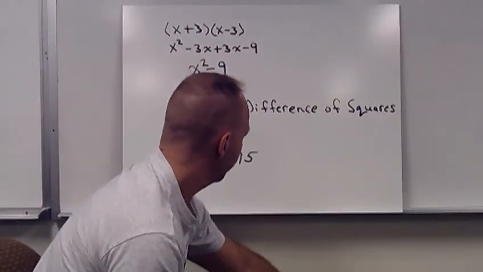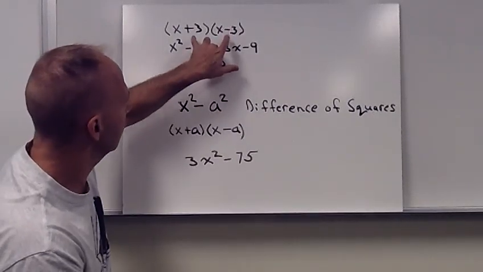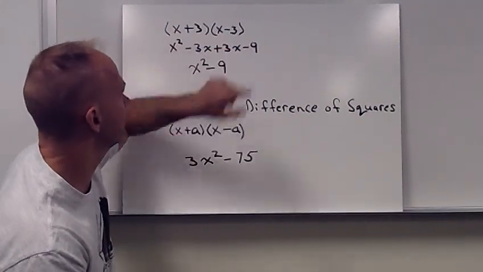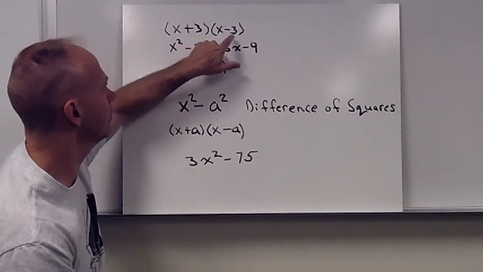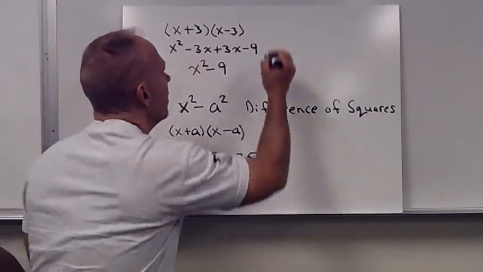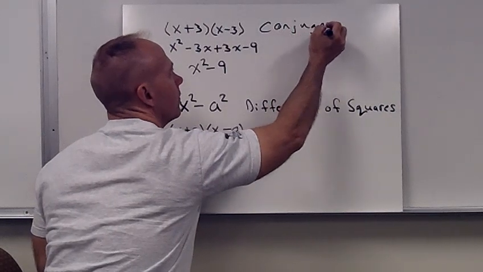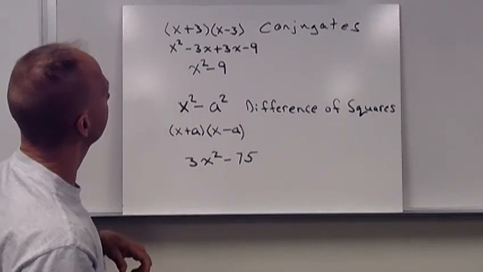One last special case I want to look at, and that is a special pair of binomials we're going to multiply together: x plus 3, x minus 3. Notice that these have the same terms, but the second terms have opposite signs. These are called conjugates.